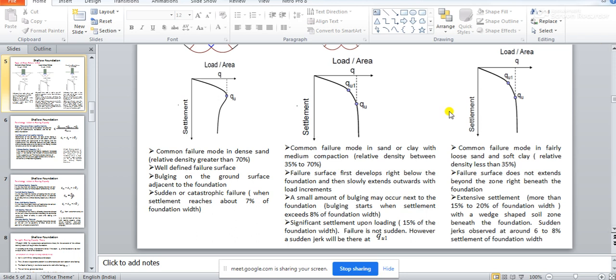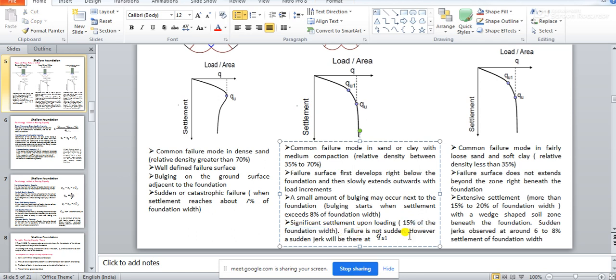Okay. Now see the significant settlement upon loading. If you increase the load, it will be able to take more load, but around 15% of the foundation width, the significant settlement will start. So at this level, for general shear failure it happened around 7%, whereas for local shear failure at around 15% settlement, you will notice the total failure of the foundation.